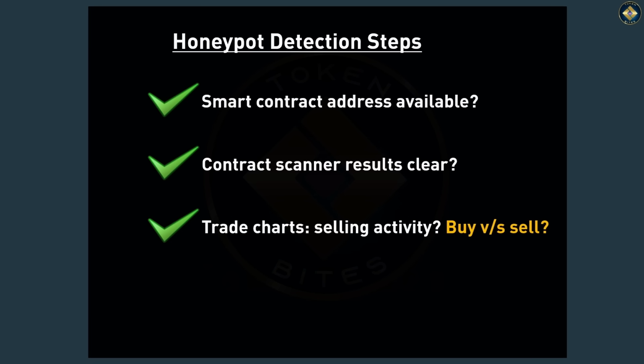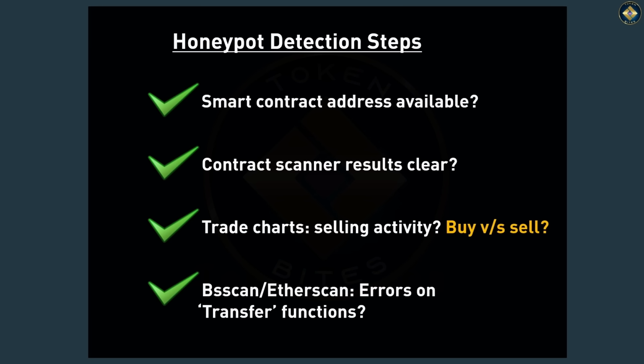Number 4, check the sell transactions for suspicious activity. For example, where the sell volumes exceed the buy volume of the wallets. Number 5, head to BSC Scan or Etherscan and look for failed transactions on the transfer functions. As a beginner, by following these steps, you should be able to spot a honeypot scam.